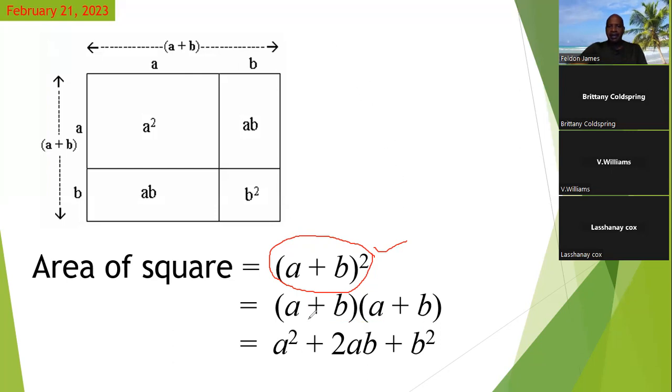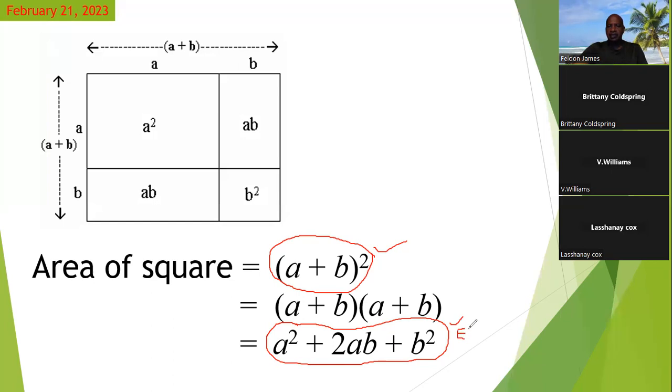Now, the expanded form means after we multiply it out, we would get it to look like this. So for a perfect square, the factorized form looks like this, and this part I would have down here would be the expanded form.